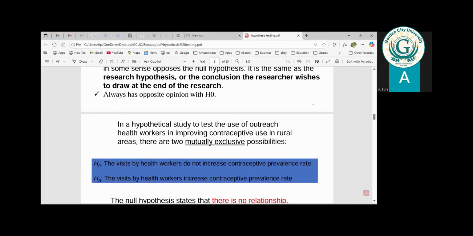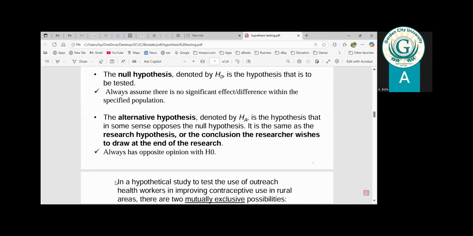Okay, so I wanted you to try this one. Please try this for me. I'm going to highlight it. I want you to look at it and see if you can come up with your null and alternative hypothesis.